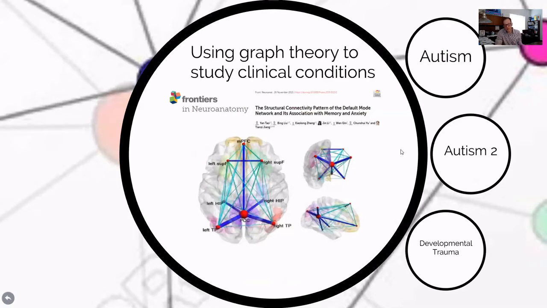And these are the areas of the brain that in normal functioning should be most active when we are at rest. These help us relax, these help us pay attention, these help us regulate our behavior and remember information. When they're not functioning properly, then those things go awry.